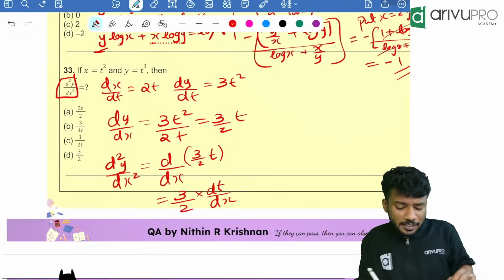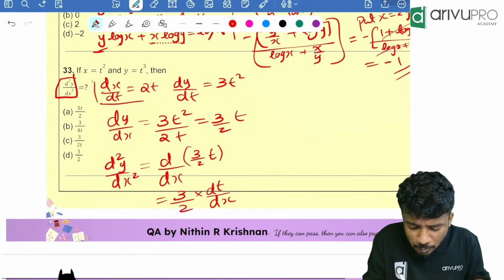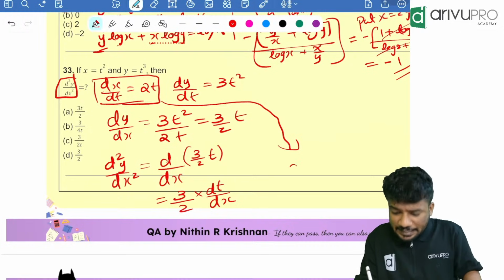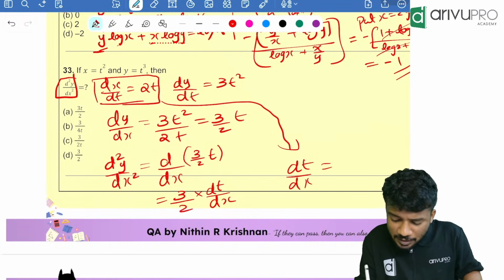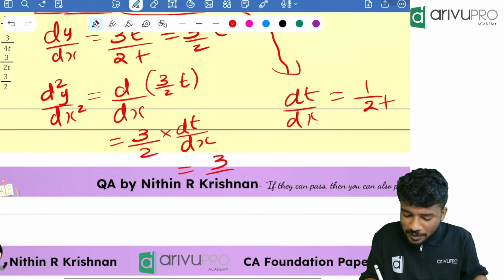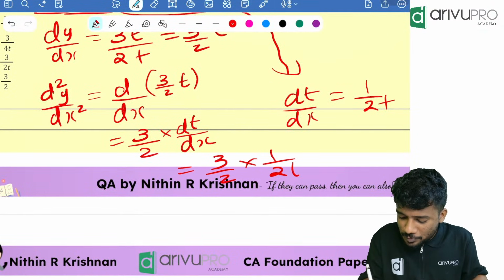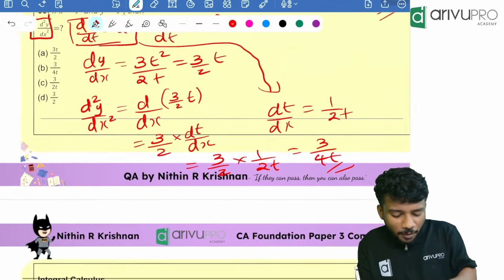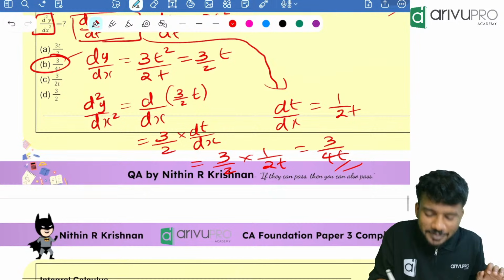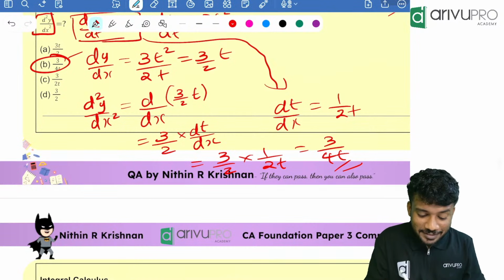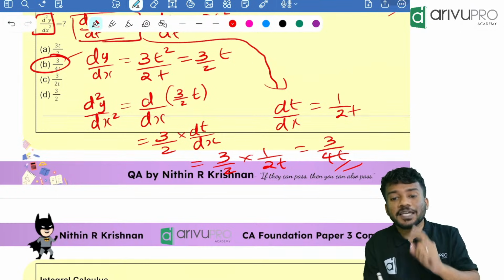Here dx by dt is 2t, so dt by dx is 1 by 2t. Apply it over there: 3 by 2 into 1 by 2t, which is equal to 3 by 4t. Option B is the answer. It's a very good question, people. I hope that you got it. Understood? They are asking in terms of t. Okay. Yes.